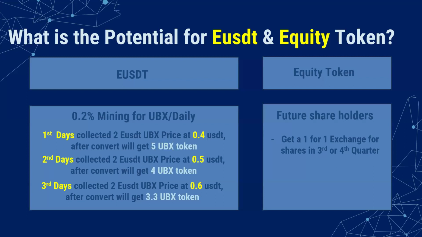This will not change. The only thing that will change is the UBX price. All right. First day maybe 0.40 cent. You will get 5 UBX token. Second day 0.5 USDD on the price. You will get 4 UBX token. Third day when the price reaches 60 cent, you will get only 3.3 UBX token.